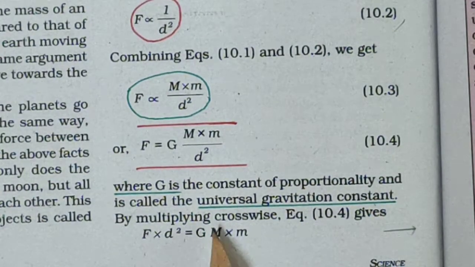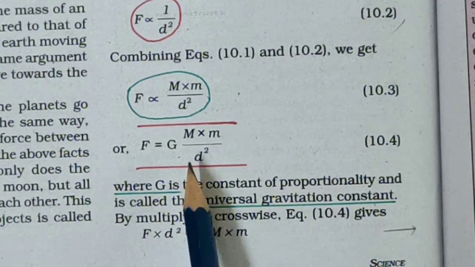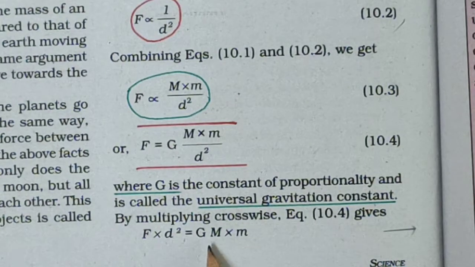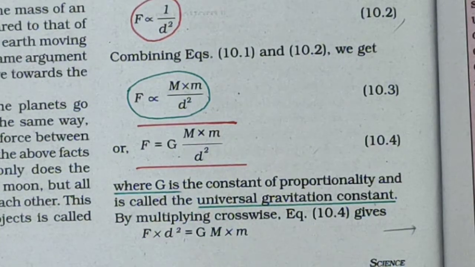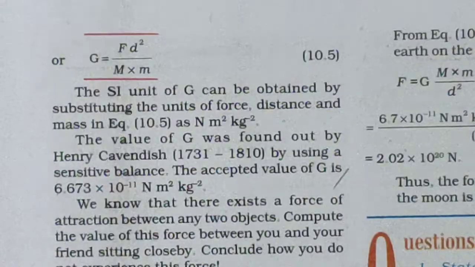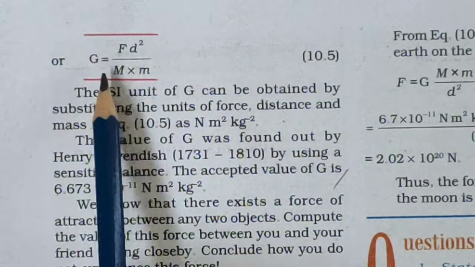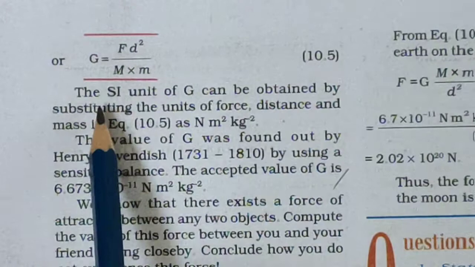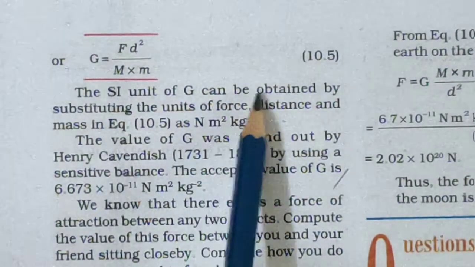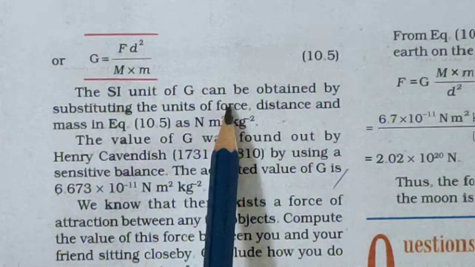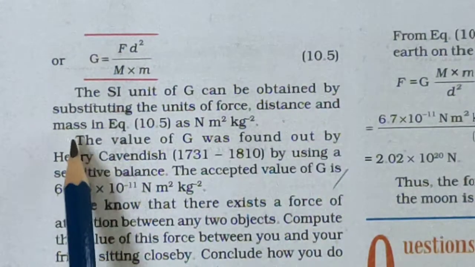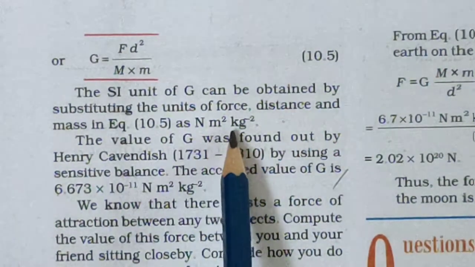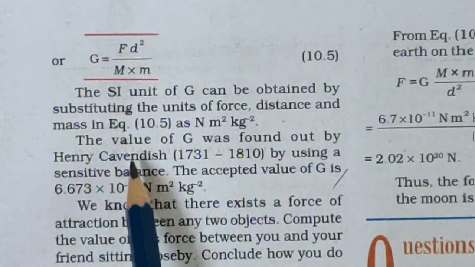By multiplying crosswise, F into d square is equal to G m into n, or G is equal to F d square divided by m into n. The SI unit of G can be obtained by substituting the units of force, distance and mass in this equation as Newton meter square per kg square.